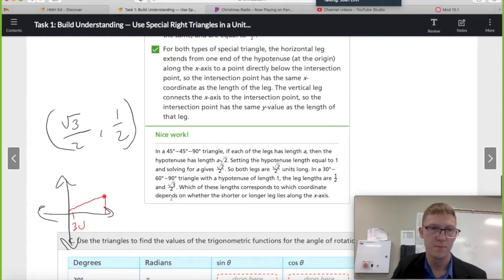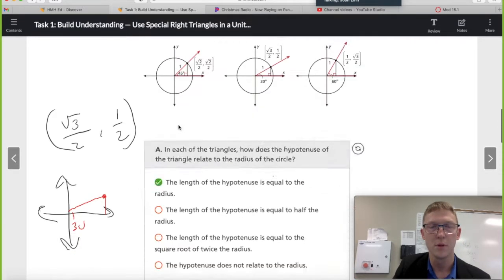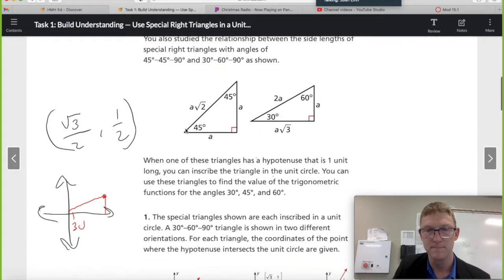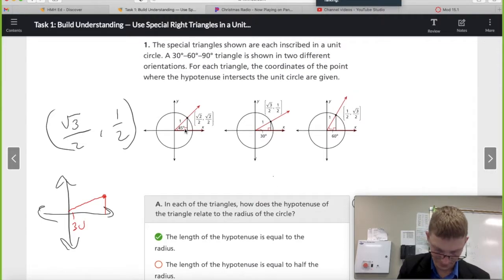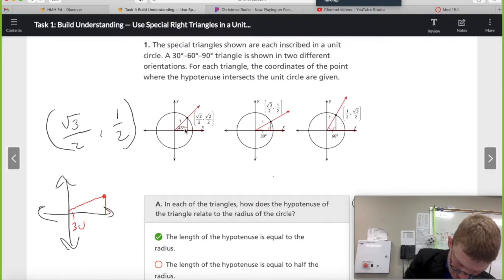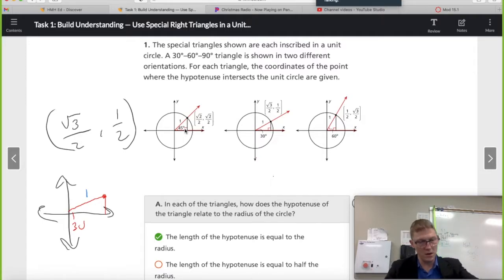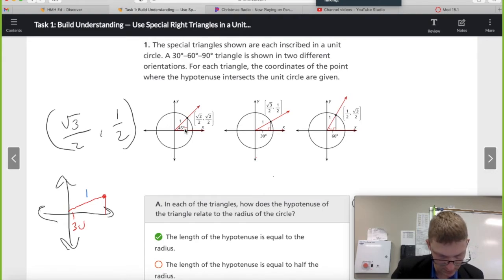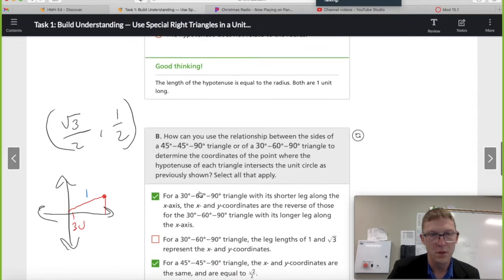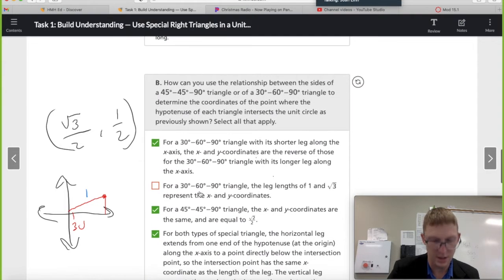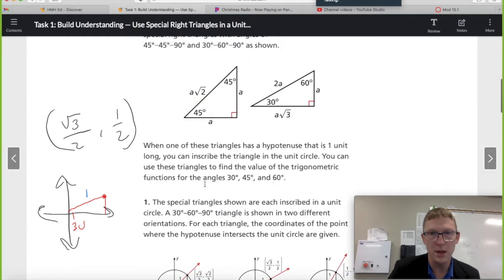So, let's see here. Oh, hang on. I need those lengths, right? So this is going to be 1. Oops. That's going to be 1. And our relationship is up here.